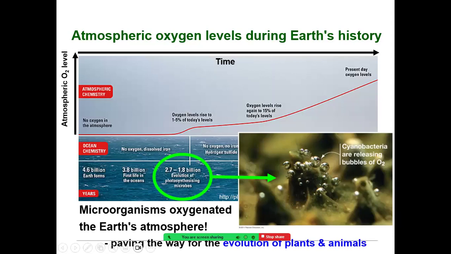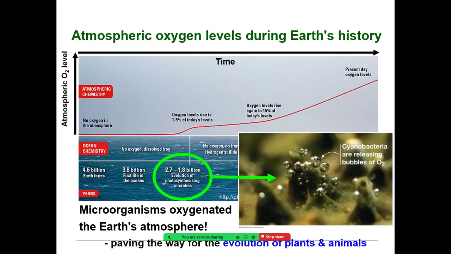That allowed ozone to form in the Earth's atmosphere, blocking UV light, which allowed the evolution of green plants. And then green plants and microbes brought the Earth's oxygen to about 21%.